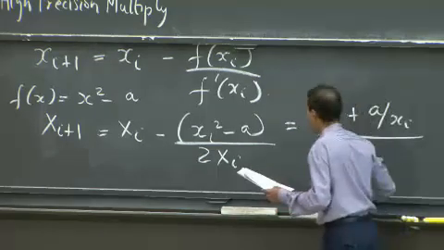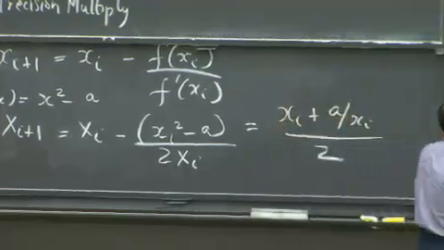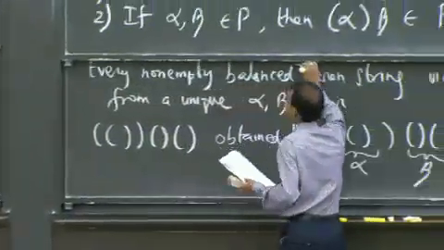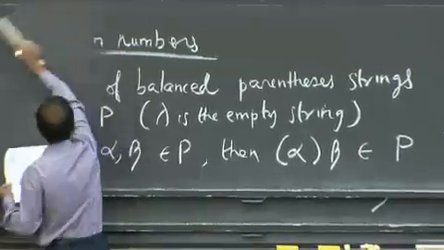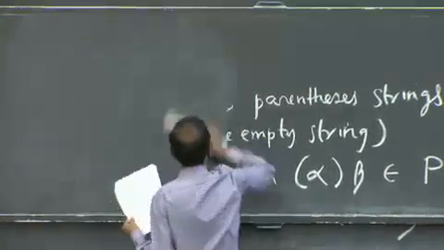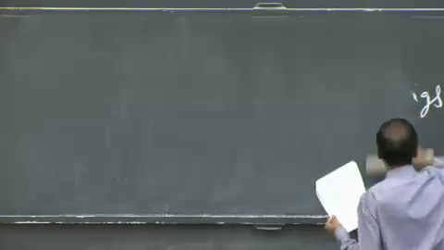And so if you run this Newton method on a equals 2, and I simulate what happens without worrying about the implementation, this is what you'll get.